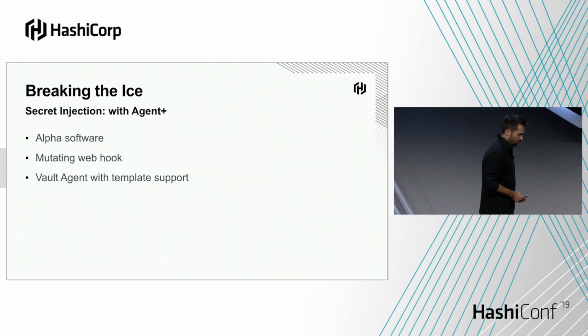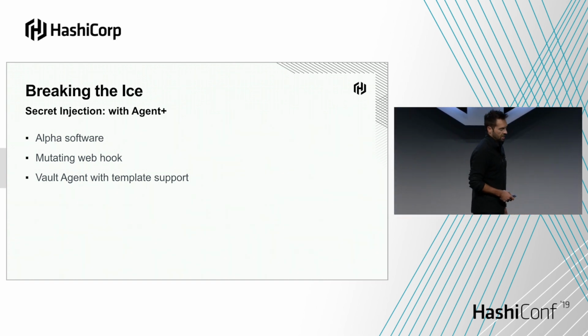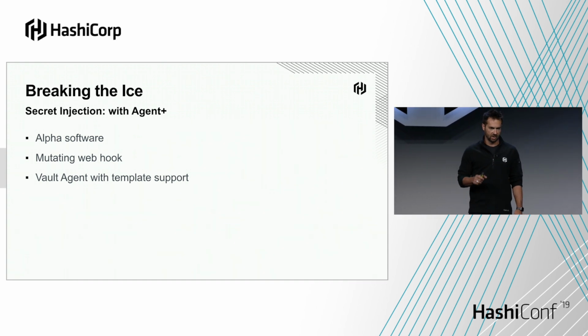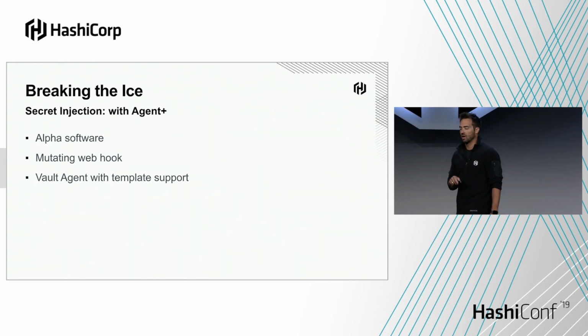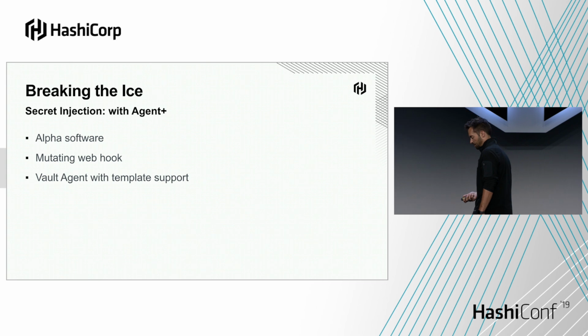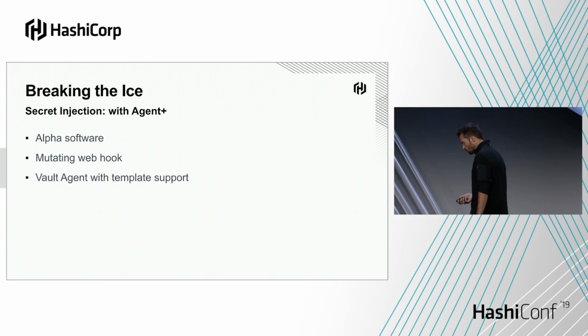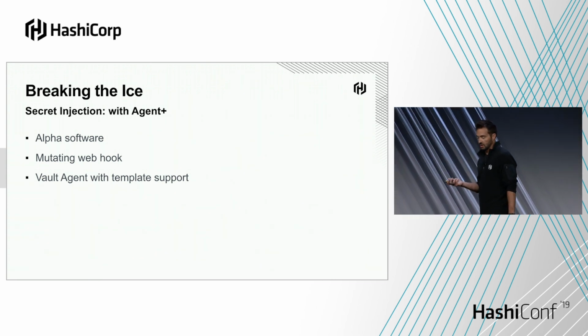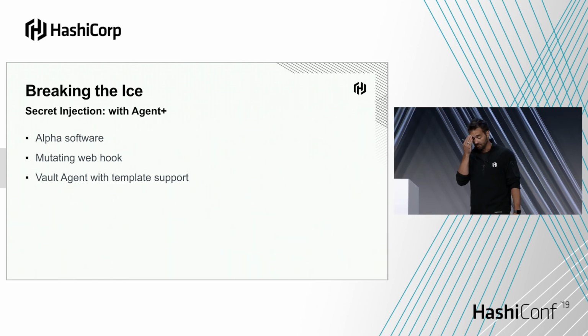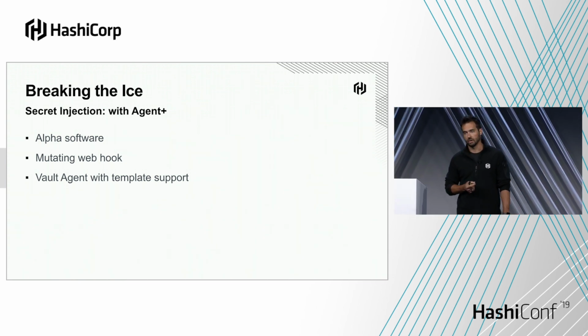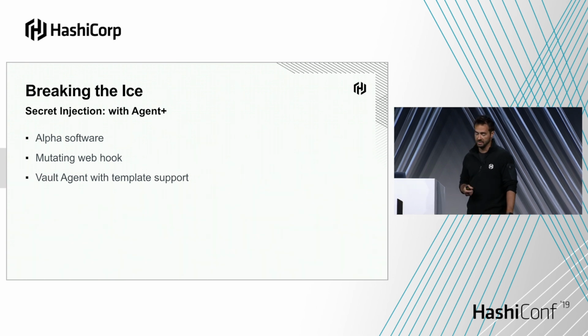To set all this up, we are following Consul's lead, and we're creating a separate application. Consul has a binary called consul-k8s. We're following their lead. We're going to introduce a separate binary called vault-k8s. You install it using our Helm chart, and it acts as, first and foremost, a mutating webhook, or an admissions hook, however you want to phrase that.